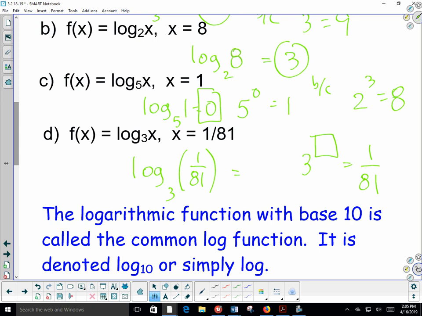You think it's going to be negative? Yeah, because it's 1 over 81. It would be negative 3. Is 3 times 3 times 3 equal to 81? No. Audrey? It'd be a negative 4. How'd you know that? Well, because 3 to the 4th is equal to 81, so 3 to the 1st is 3, 3 to the 2nd is 9, 3 to the 3rd is 27, 3 to the 4th is 81.